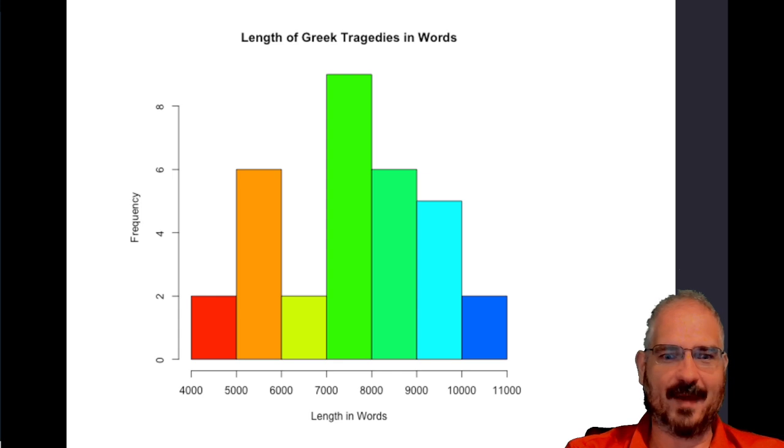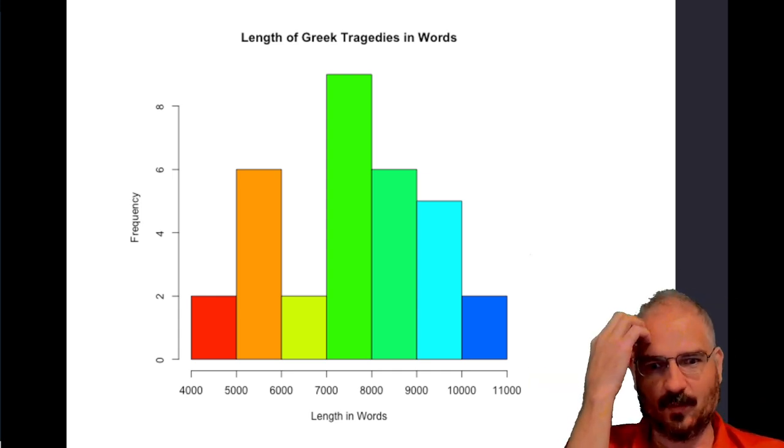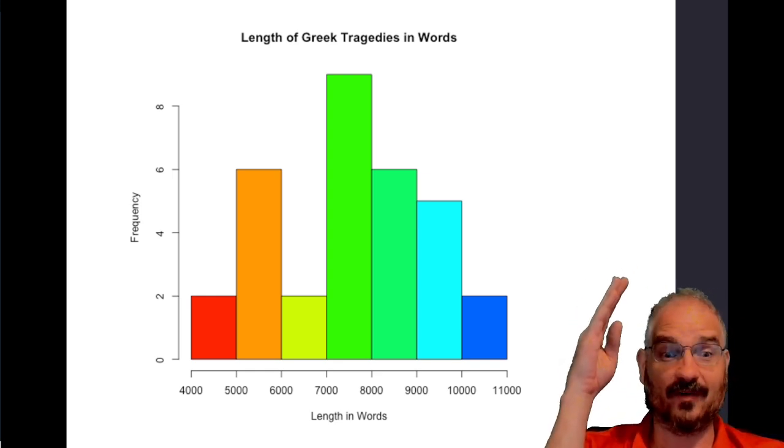So here's a histogram I actually found kind of interesting, and this is the length of Greek tragedies in number of words. So somebody compiled all of the major Greek tragedy, I guess, plays or books or media, right? And then so along the x-axis, we have their length in words. And then along the y-axis, we have the number that was found, right?